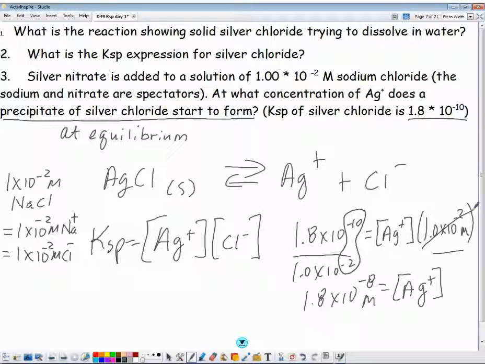I'm adding in some silver nitrate, and only the silver matters because the nitrate is going to spectate. When I get to this exact molarity, with that exact molarity of chloride already present, I'm going to have a saturated solution right at the point of starting to make solid. This was a different angle: going from the right side back to the left side, starting with products instead of reactants.